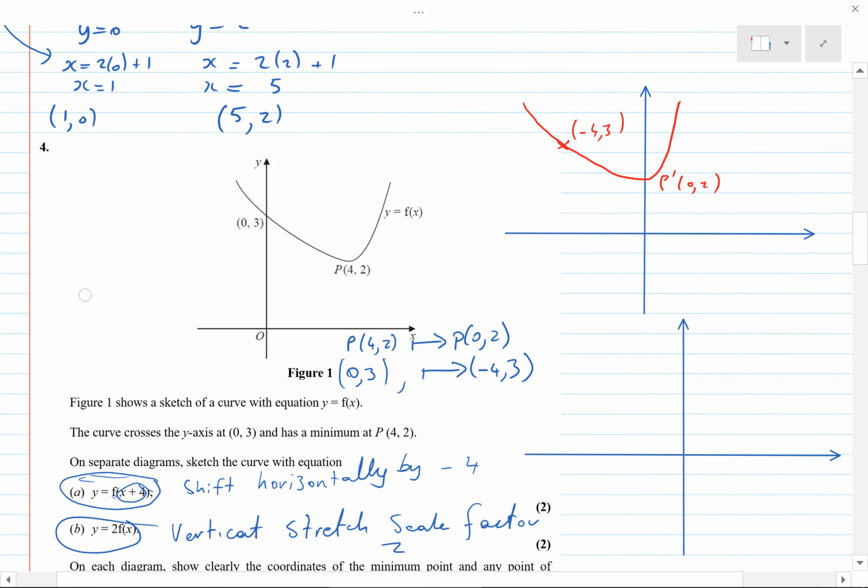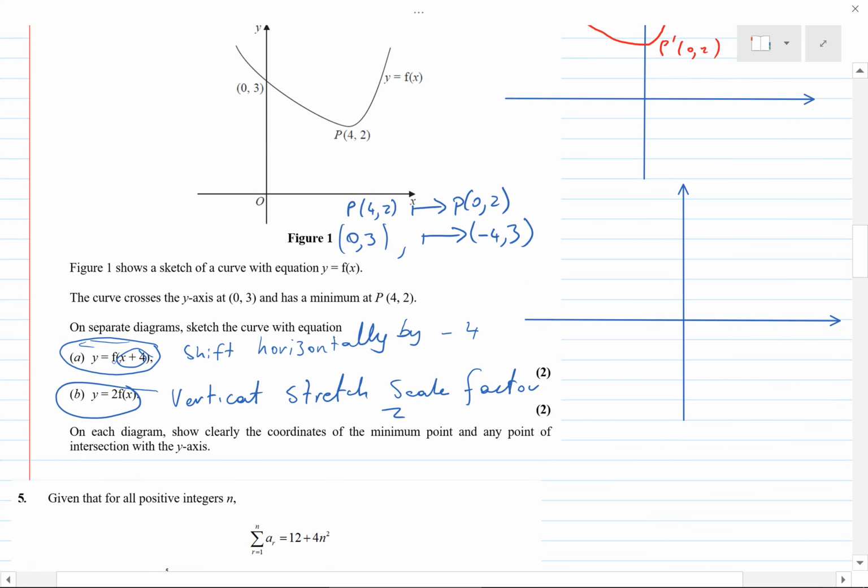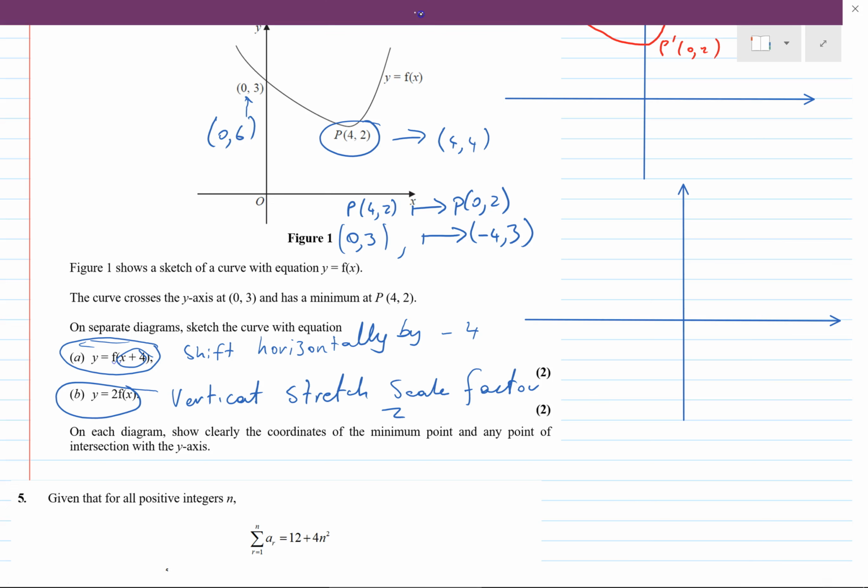So in this case, we would have (4, 2). This time the y coordinate gets changed, that gets multiplied by 2, so that goes to (4, 4). And this point here goes to (0, 6), the x is unchanged, but the 3 goes to 6.